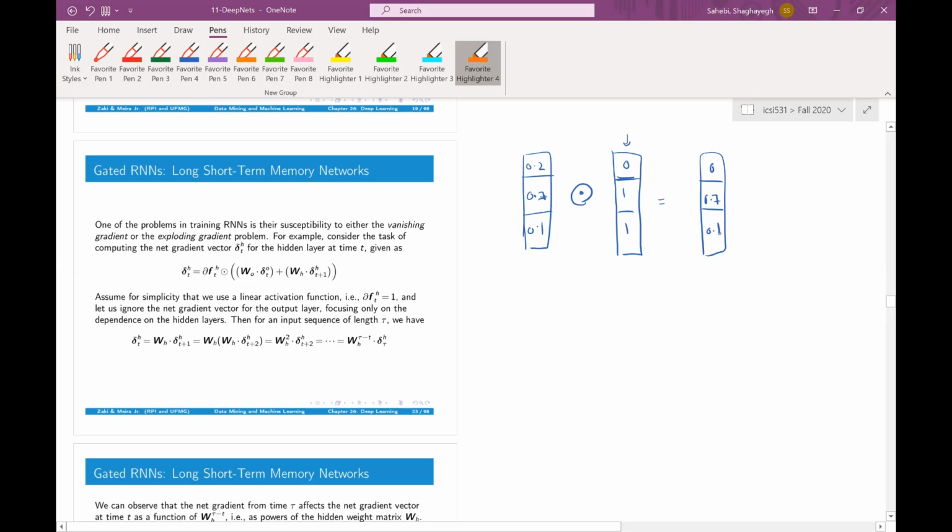So the gate layer works similar to this. When you have 0 in your binary vector, you are forgetting what was in your original vector, so you have a 0 in the new vector. And when you have a 1 in this binary vector, you are going to remember what was in the original vector.